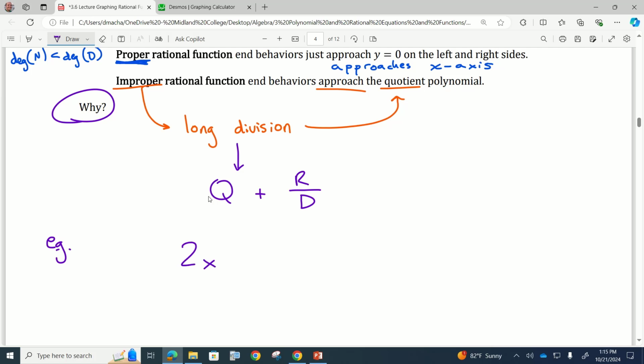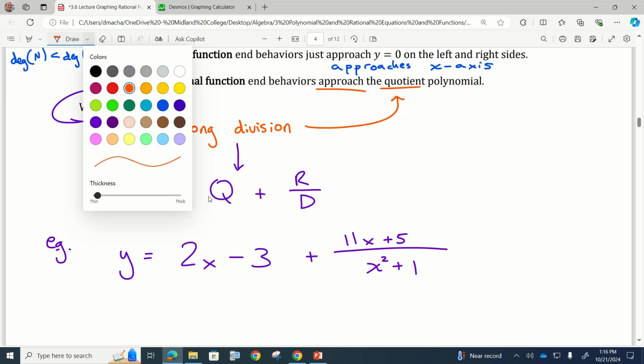You might have something like 2x minus 3 plus, I don't know, 11x plus 5 over x squared plus 1. Right? Just a little example to work with. And so here is an improper rational function that I wrote down in mixed form.